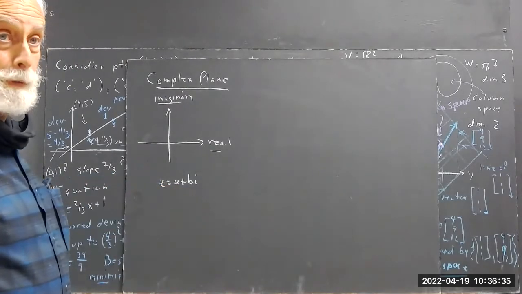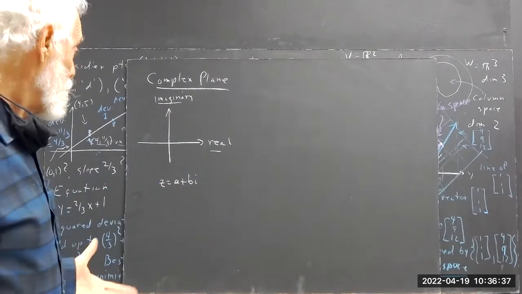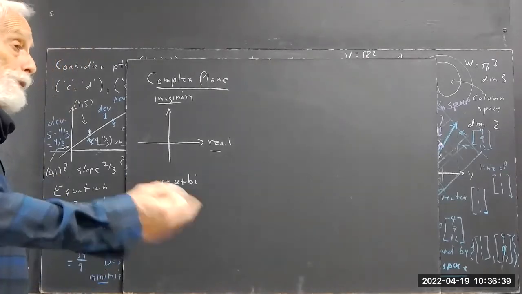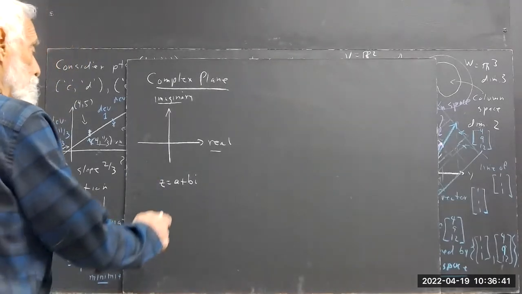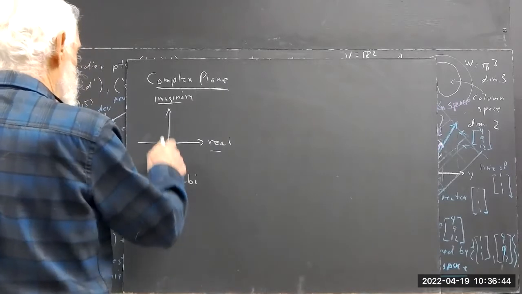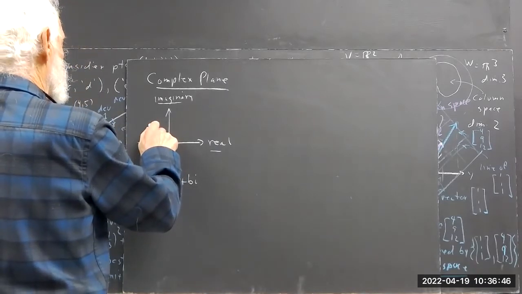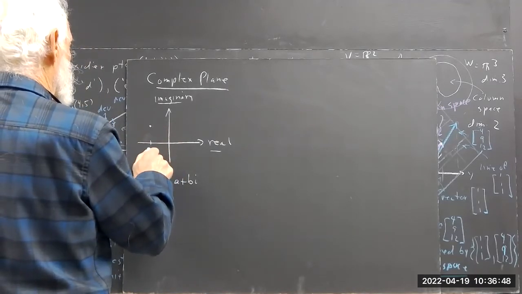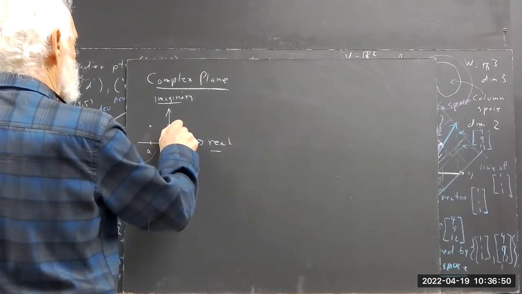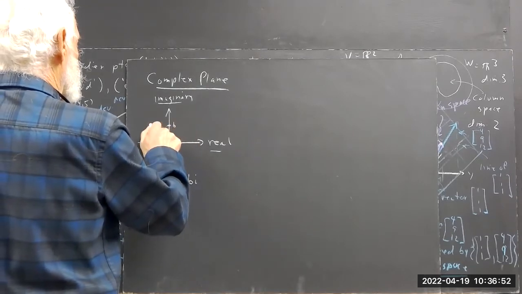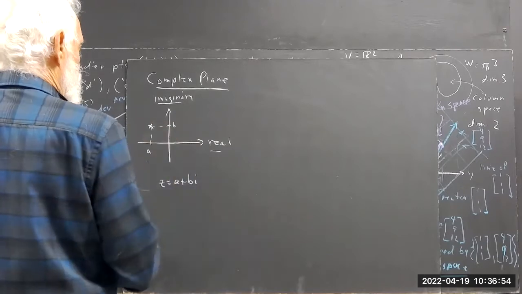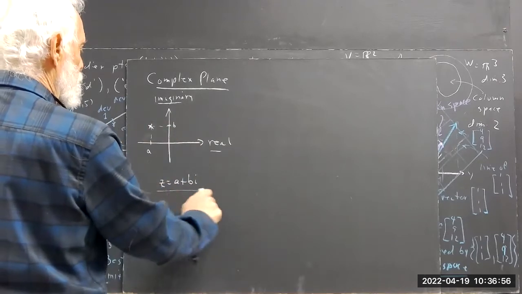A for the real part, B for the imaginary part, okay? Other notations are possible and necessary in many applications, but this means that if A is here and B is here, here's a representation of C.